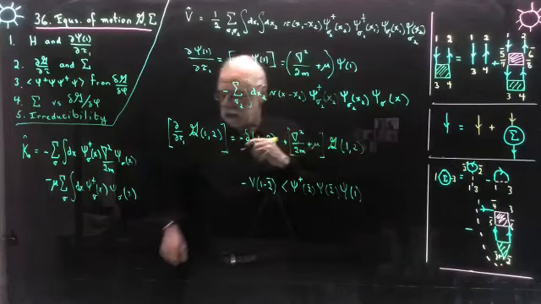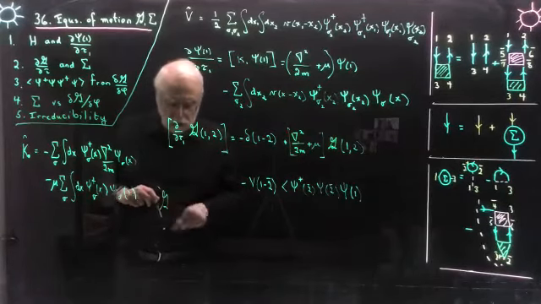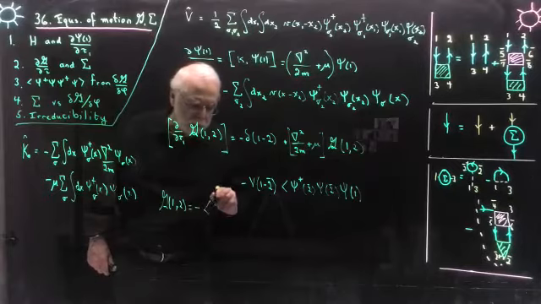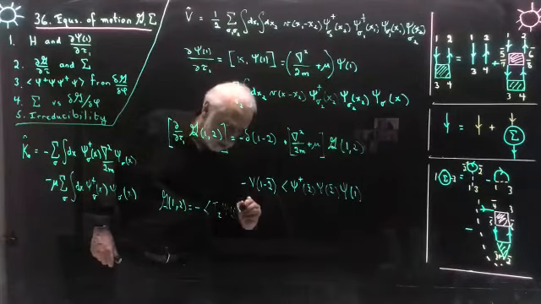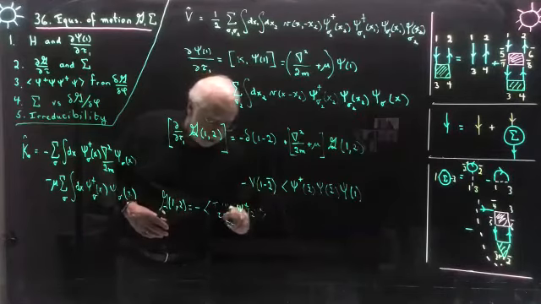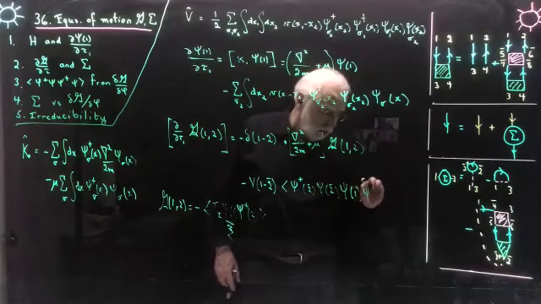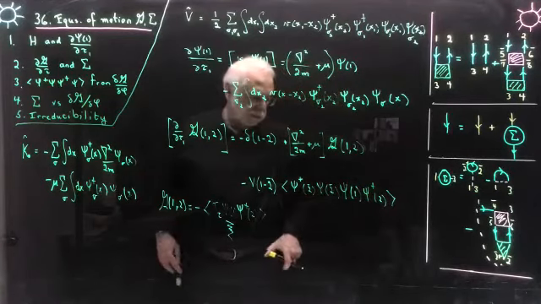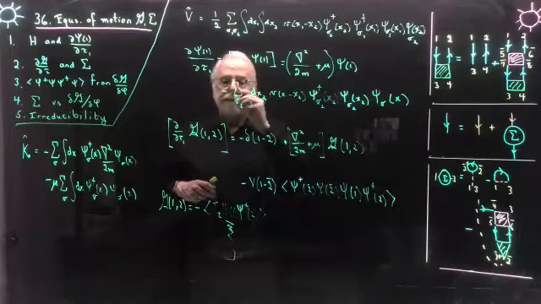Let me remind you that G of 1, 2 is equal to minus the time ordered product of psi 1, psi dagger 2. So now I'm computing the time derivative of this, but the psi dagger 2 I just put here, right? So psi dagger 2. So I know this is right, so there must be a plus sign here.